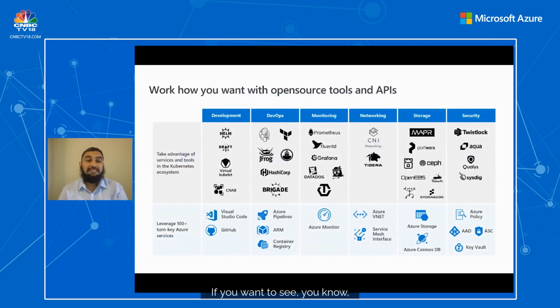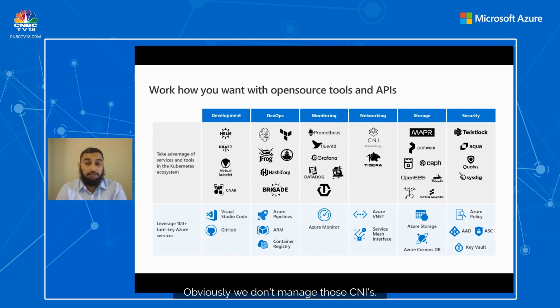If you want to see what tools you can potentially use, we integrate with a lot of open source tools. So with respect to development, if you want to use Helm, Draft, or any of the IDEs, we give you a DevOps toolchain, we give you monitoring toolkits. We also give you an option of bringing in your own CNI, and you can then manage it.